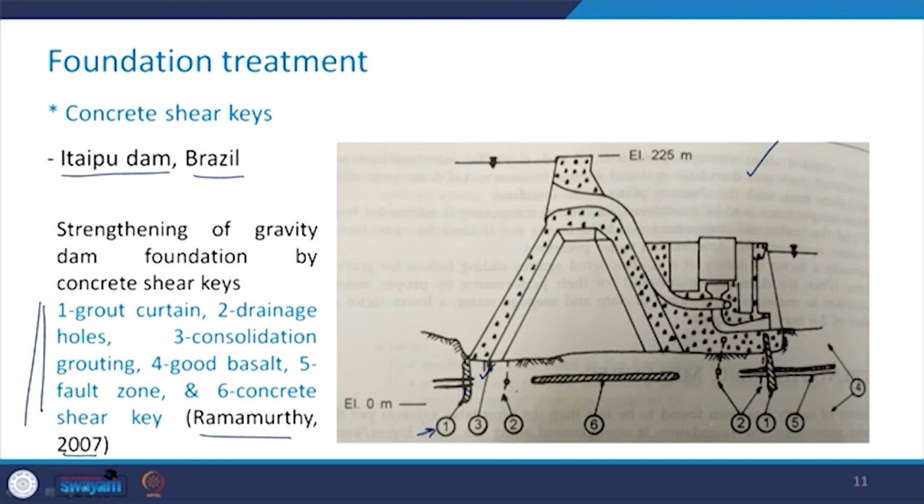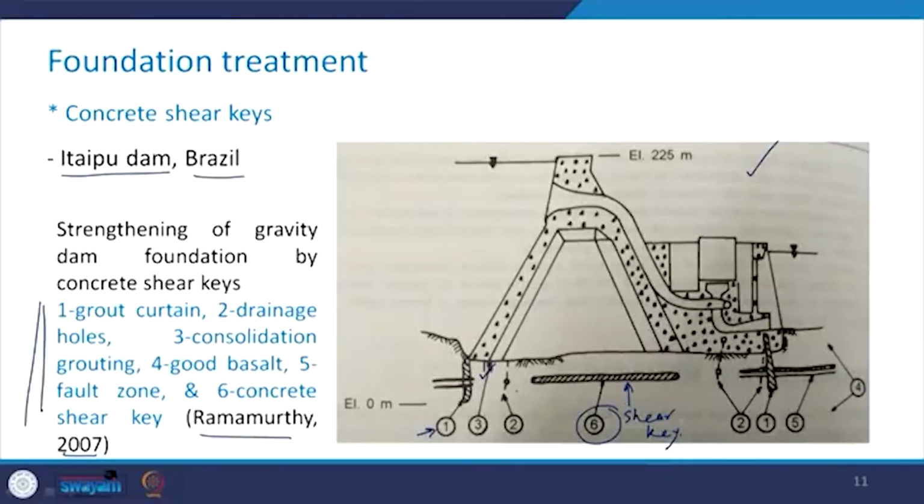Then in this case, this portion is what is showing you the shear key. So what this does is that it increases the factor of safety in sliding. So this is one way that the foundation for the dam can be treated.